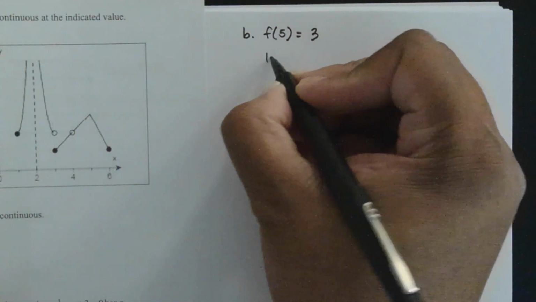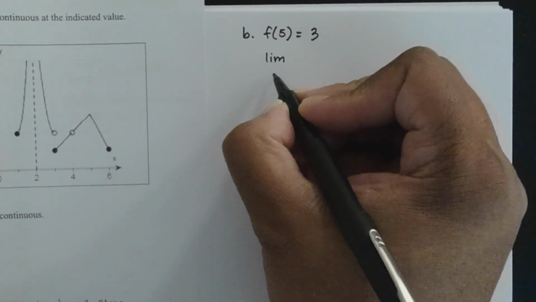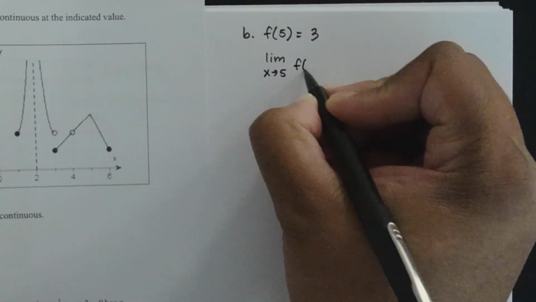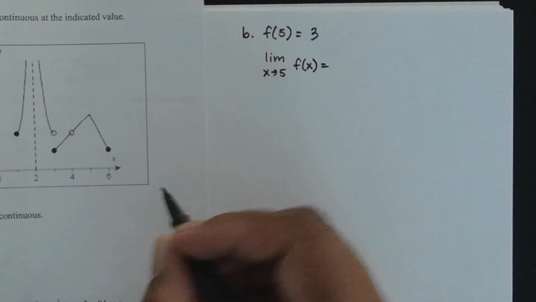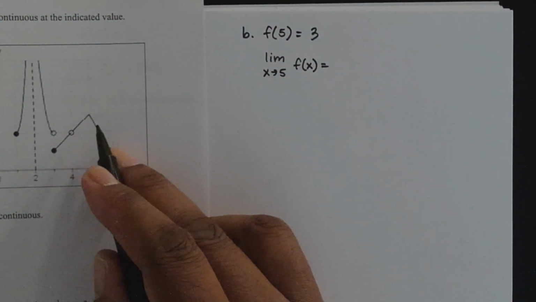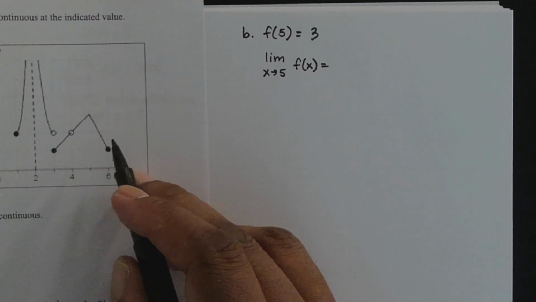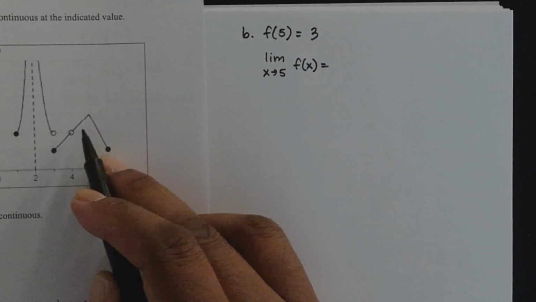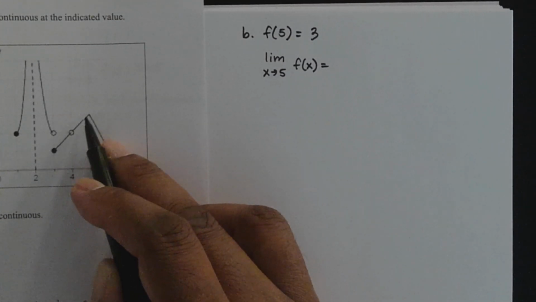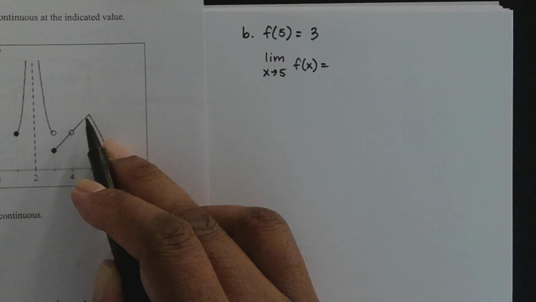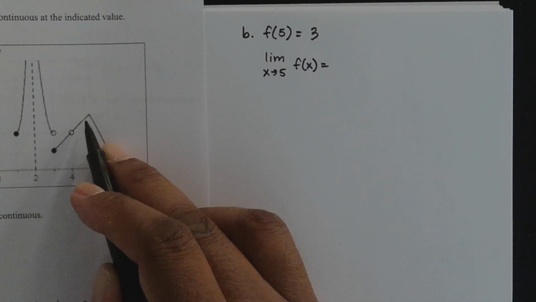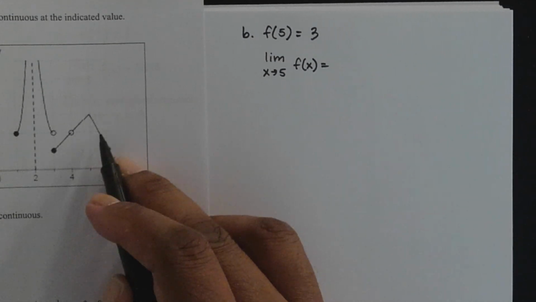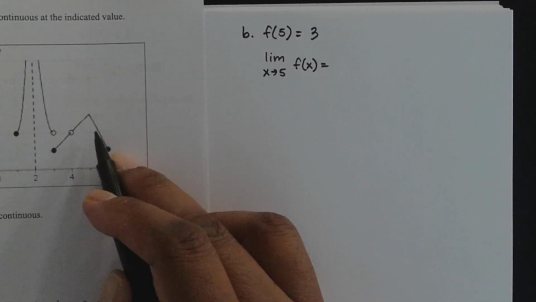And then next is the limit as x approaches 5 of f of x. The limit on the left side of 5 and on the right side of 5 has to be the same. As we come in from the left of 5, where's the y value getting closer and closer to? 3. And to the right of 5? 3.